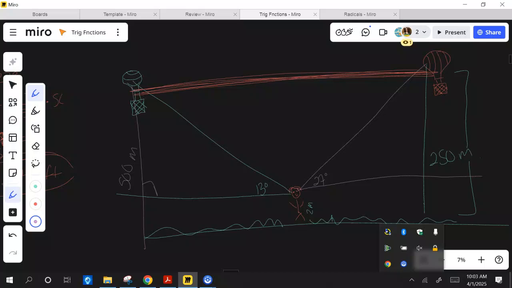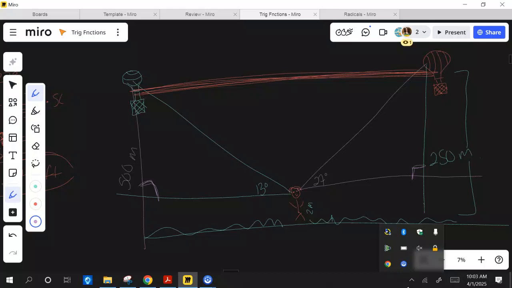Here's a triangle, here's a triangle, right? We don't have the middle angle. That's why you have to draw a picture for these.